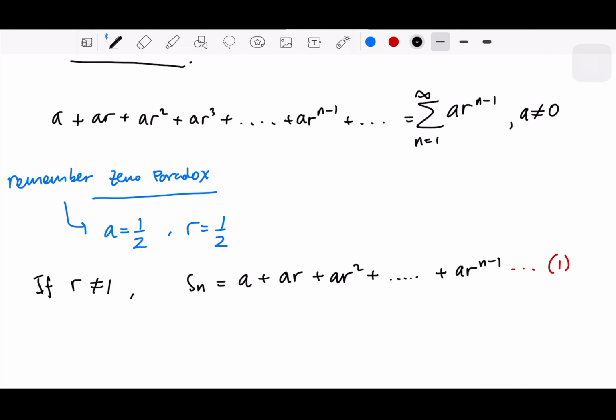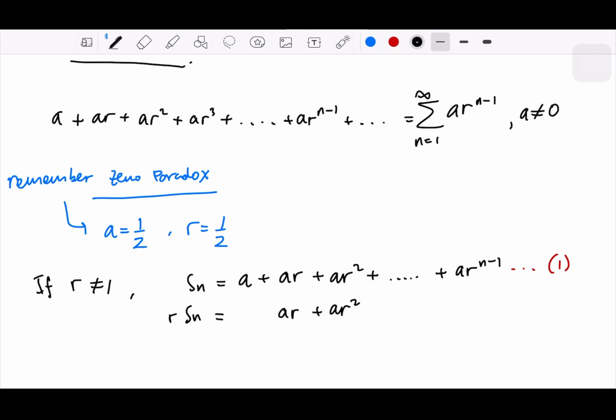Secondly, let's multiply this Sn with R. So this will be R Sn, which is AR, AR squared, AR cubed, and so on. Let's write it at the bottom. Let me write the first term here, AR squared, so that it is perfectly aligned with the first.